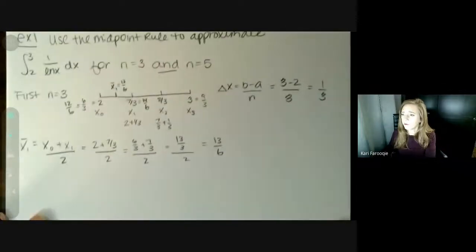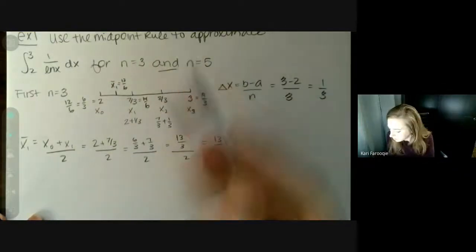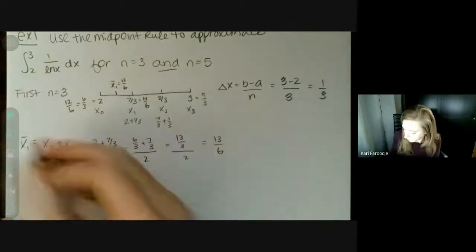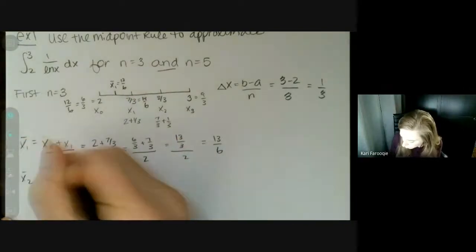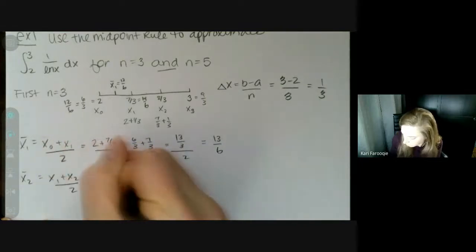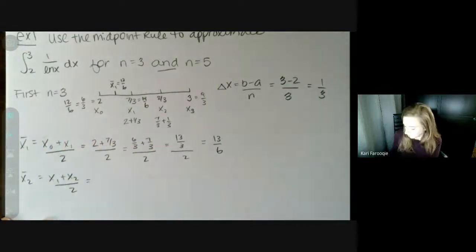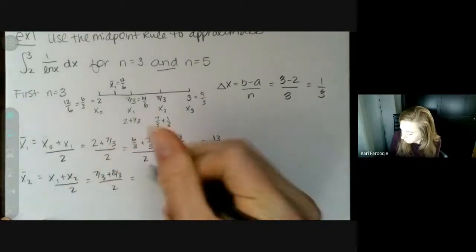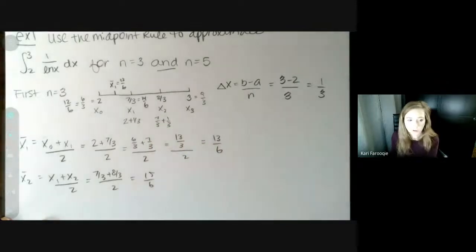So we don't need a whole lot more here. We found already that first midpoint. Now we need the second midpoint and the last midpoint. So x sub 2 bar is going to be x sub 1 plus x sub 2 divided by 2. So that's 7/3 plus 8/3 divided by 2, which is going to be 15/6.